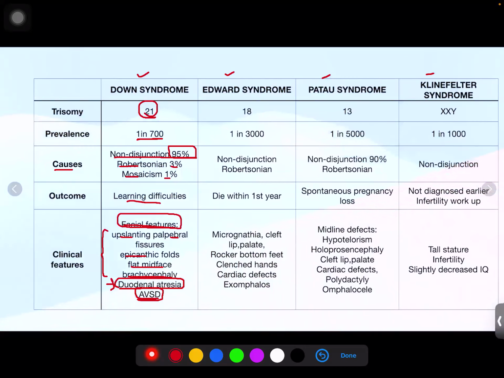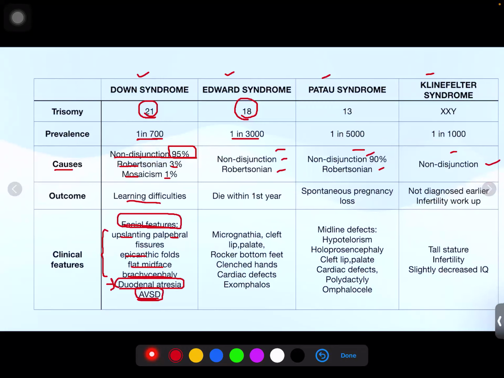Okay. So coming to Edward syndrome, Edward is actually trisomy of chromosome 18. It is less prevalent than Down syndrome, 1 in 3,000, and the causes are the same in all three trisomies: non-disjunction, Robertsonian translocation. In Klinefelter, only non-disjunction occurs. Edward syndrome does not have a good outcome.